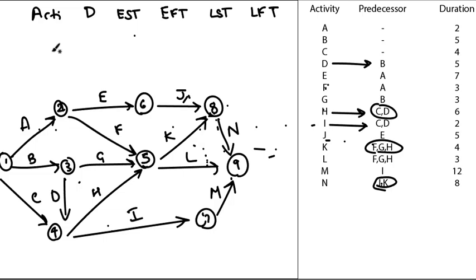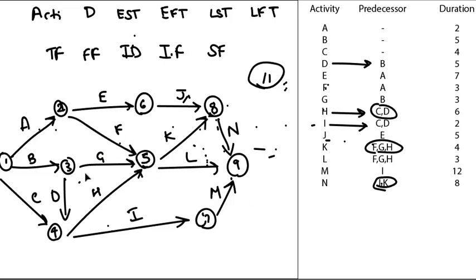Then adjacent columns will be total float, free float, independent float, interfering float, and safety float. So these are 1, 2, 3, 4, 5, 6 plus 5, so there will be 11 columns. You should make a big table with 11 columns and apply all the formulas, so you'll get the floats.